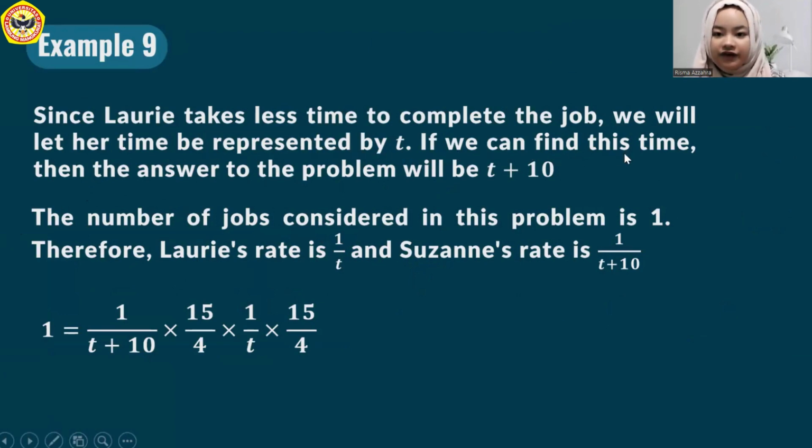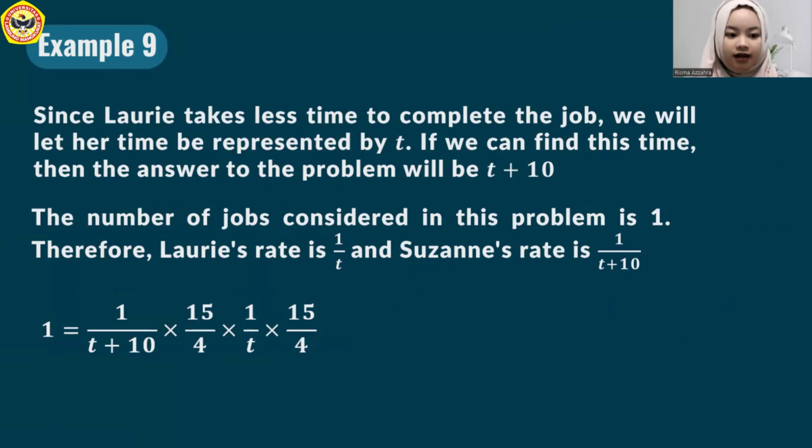If we can find this time, then the answer to the problem will be t plus 8. So the number of jobs considered in this problem is 1. Therefore, Lori's rate is 1 over t, and Susan's rate is 1 over t plus 8.